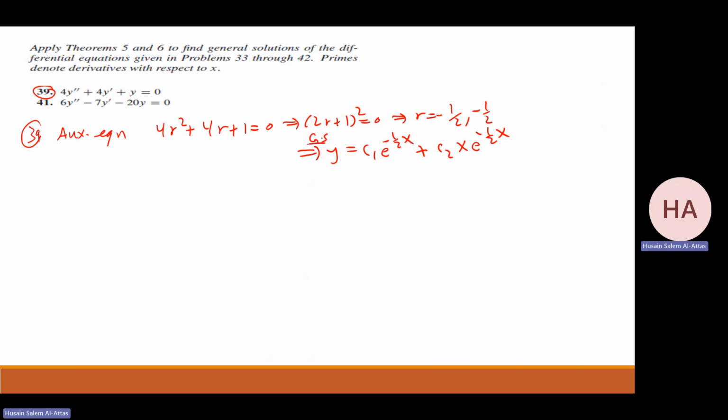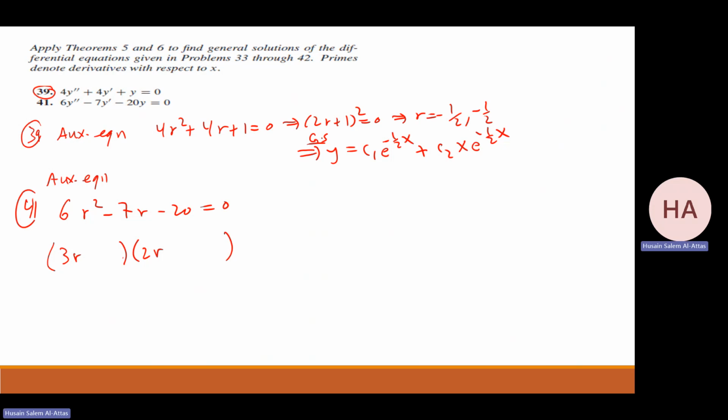Okay. 41. Auxiliary equation: 6r squared minus 7r minus 20 equals 0. I want to factor it. Let me try to do factoring. I have 3r, 2r. For 20, I need what?